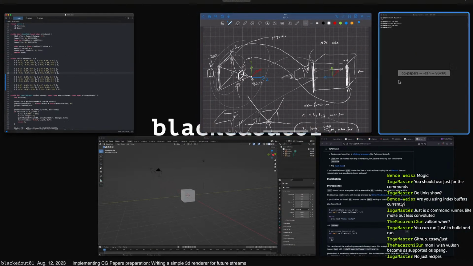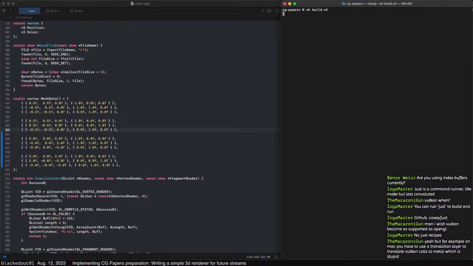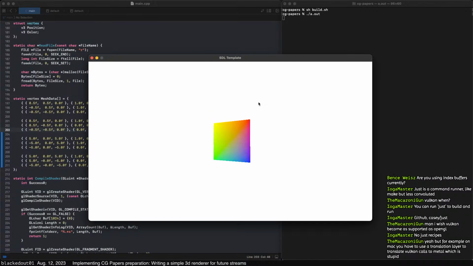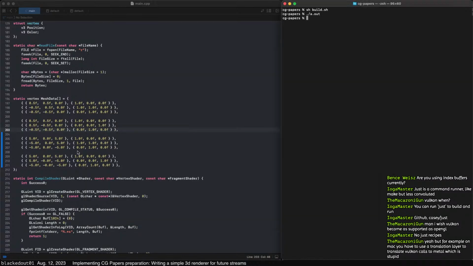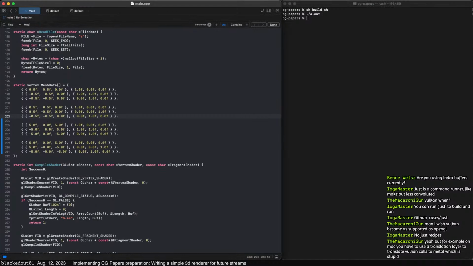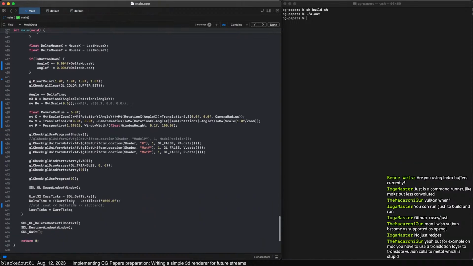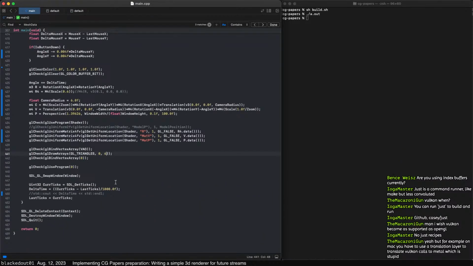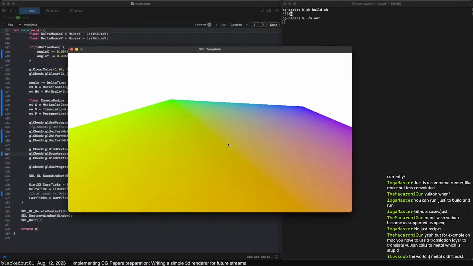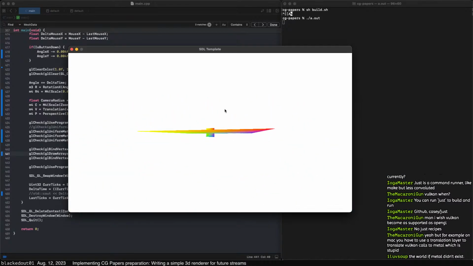Hmm. Wait. Okay, we have 12 vertices. Yeah, okay.